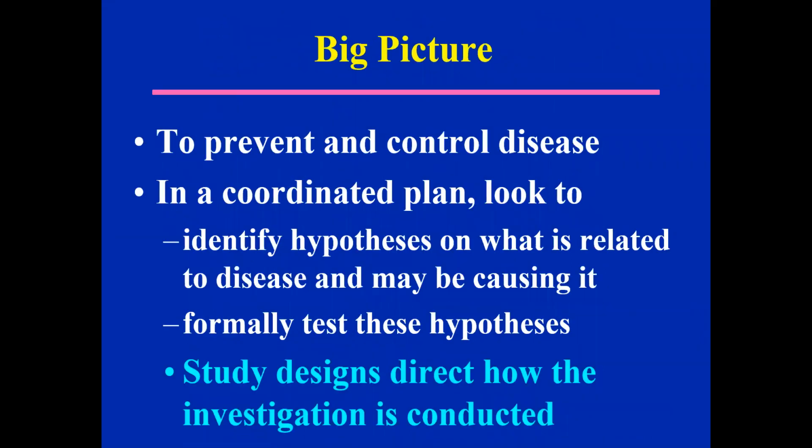So to prevent and control disease, we need to do this in a coordinated manner. If you're suspecting some disease which might be happening, initially you need to have some hypothesis. I know maybe you've discussed hypothesis in some of your lectures, but a hypothesis is an intelligent guess.